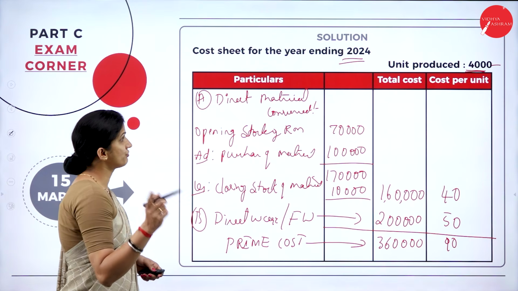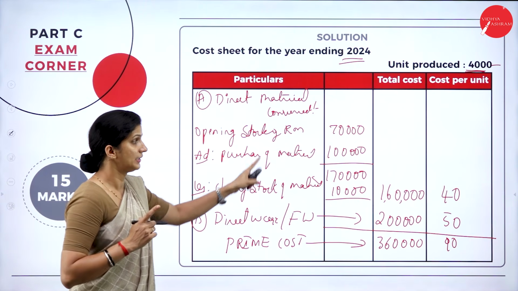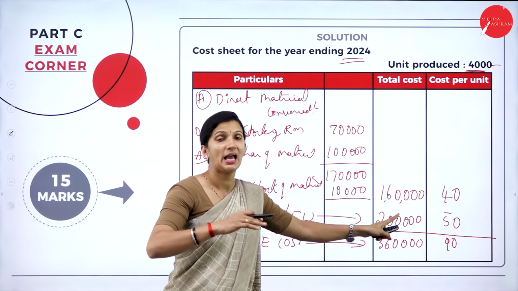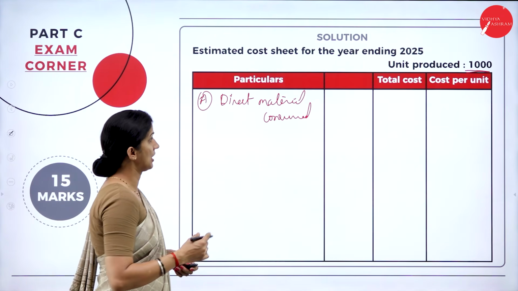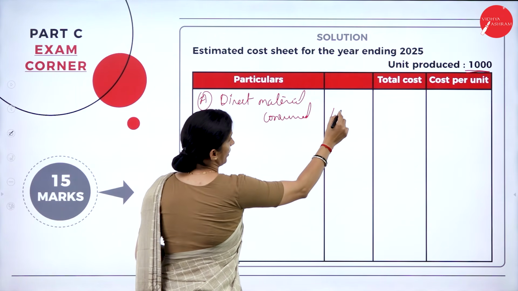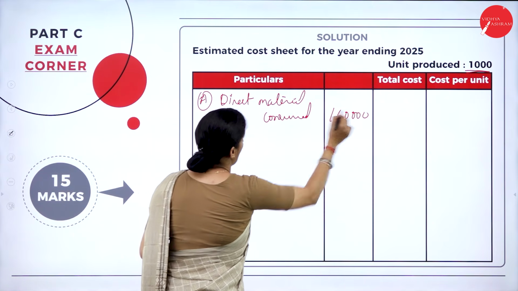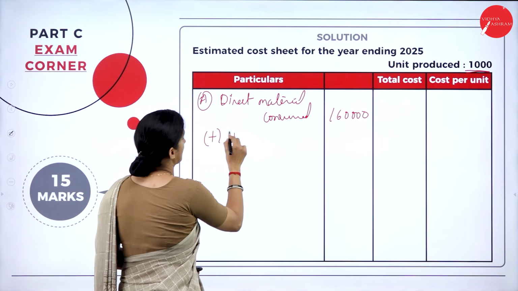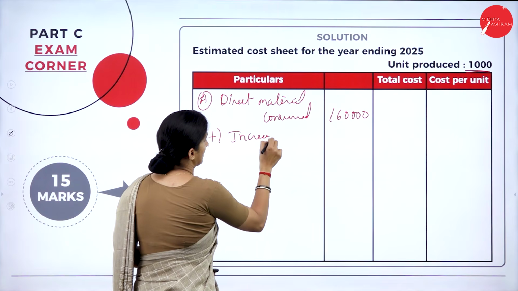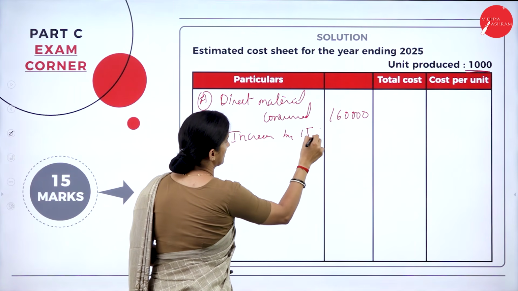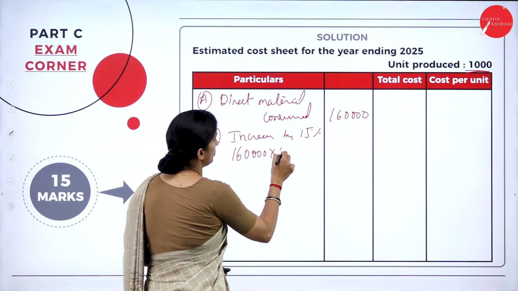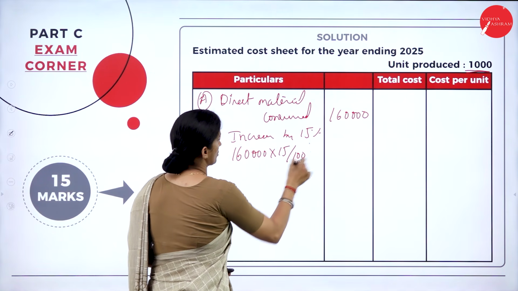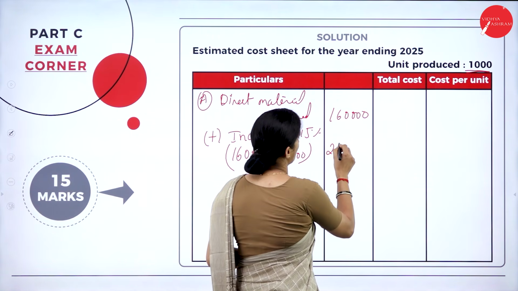So what is the cost of material in 2024? That is 1,60,000, and in the year 25, it will increase by 15%. So that means 1,60,000 plus an increase by 15%, that is 1,60,000 into 15%, which will be 24,000.